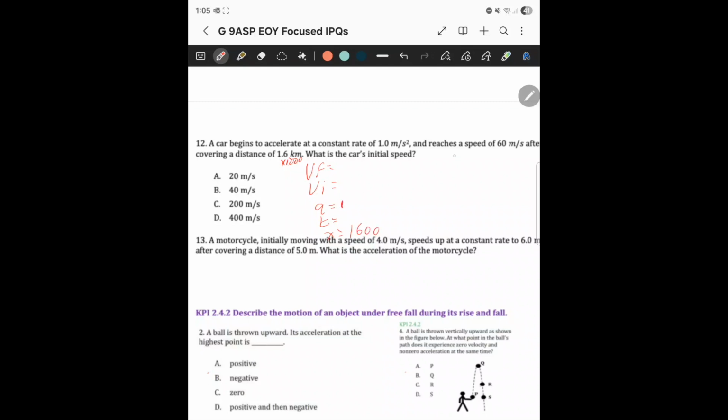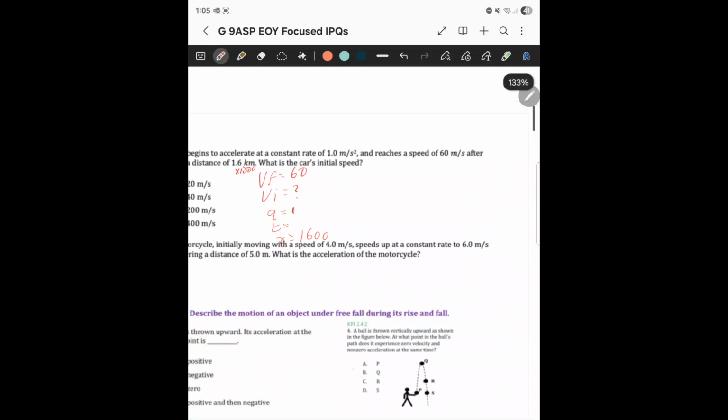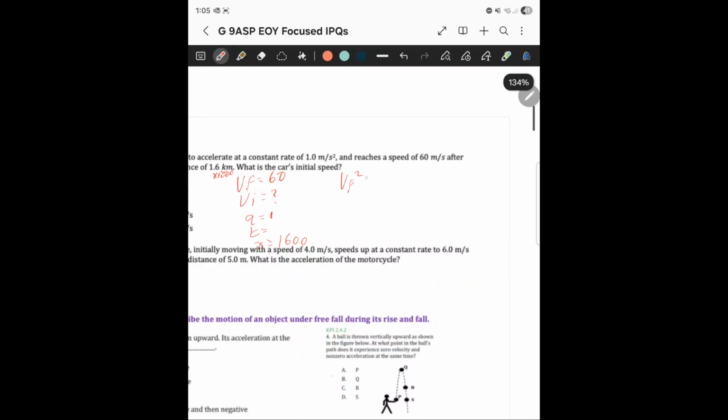Acceleration was 1. Final speed we have is 60. And we have the distance, we already know that. And we need to find the starting speed. Vf squared equals Vi squared plus 2ax. 60 squared equals Vi squared, that's what I need, plus 2 times A, which we've said is 1, times x, 1600.